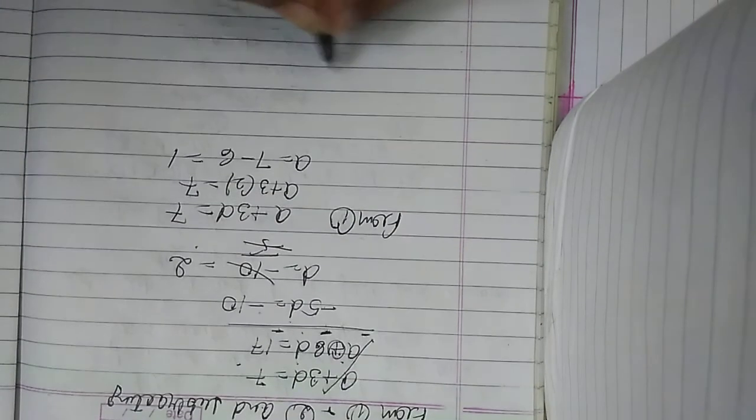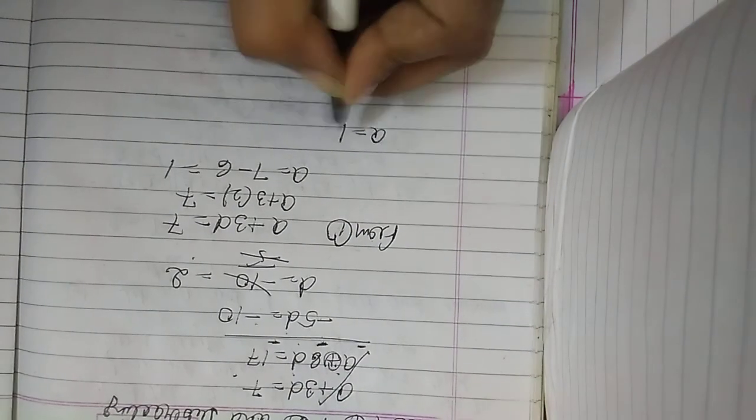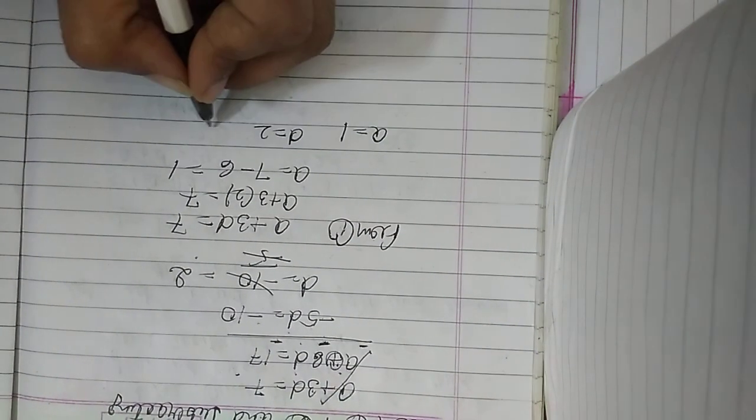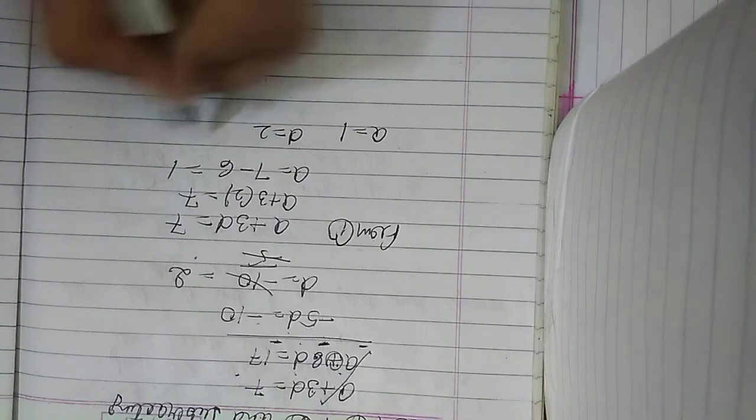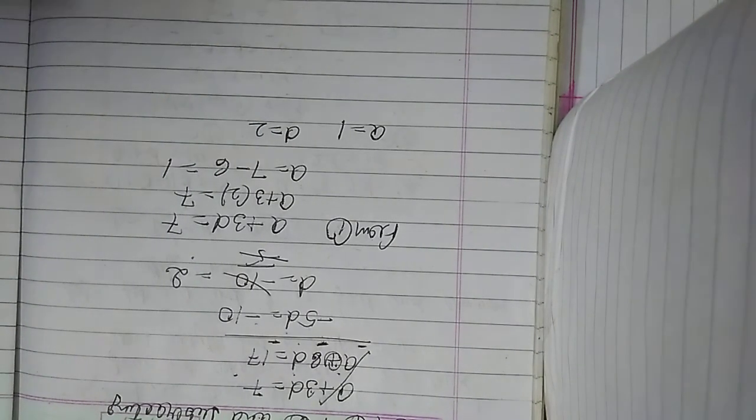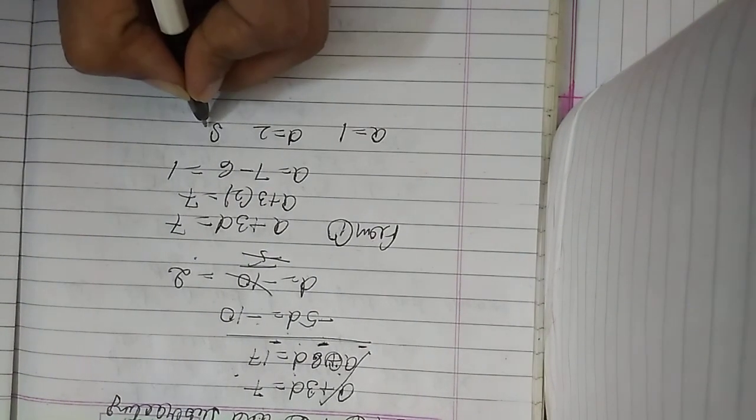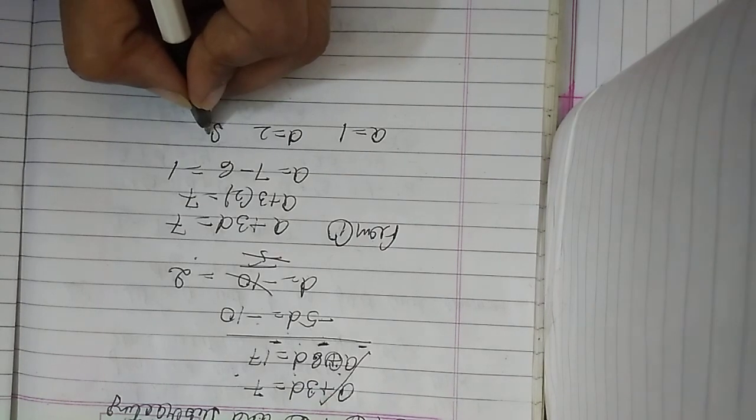Now we have a as 1 and d as 2, and we have to find the sum of n terms. So we have to find Sn.